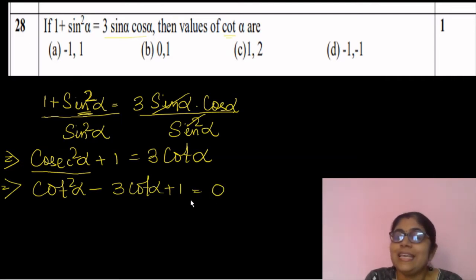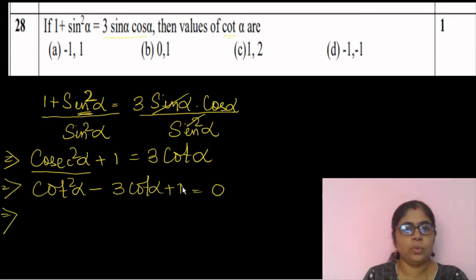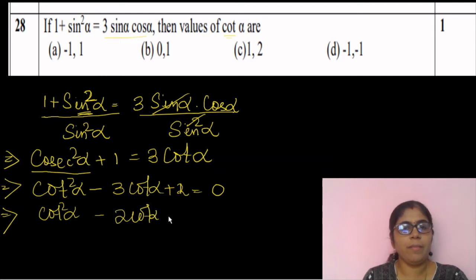So it is in the form of a quadratic equation. This is 2. So cot square alpha minus 2 cot alpha minus cot alpha plus 2 equals 0.